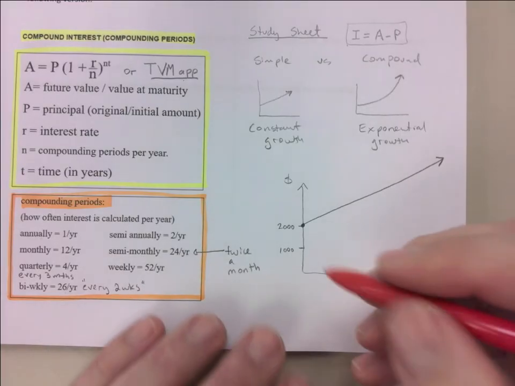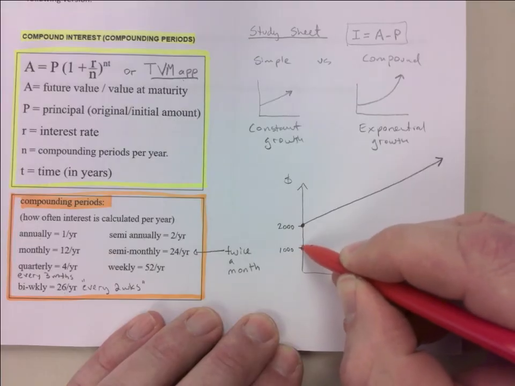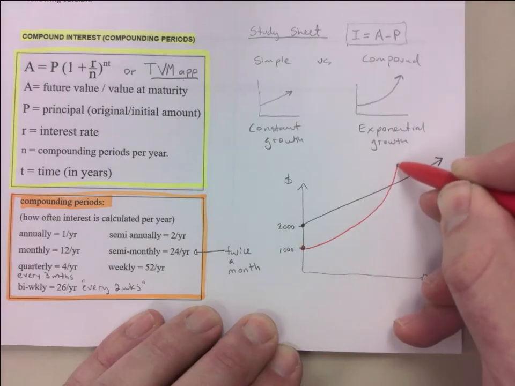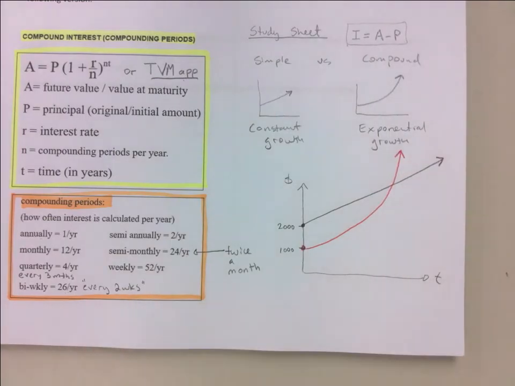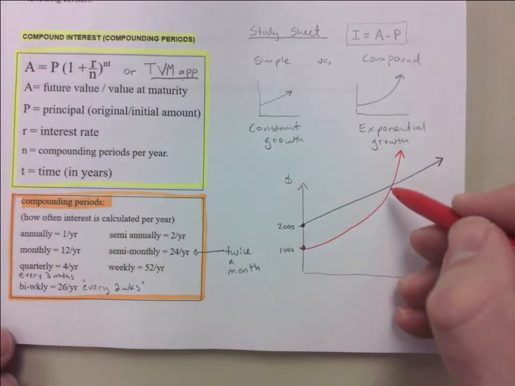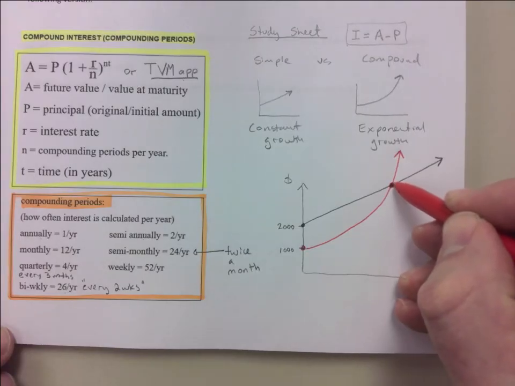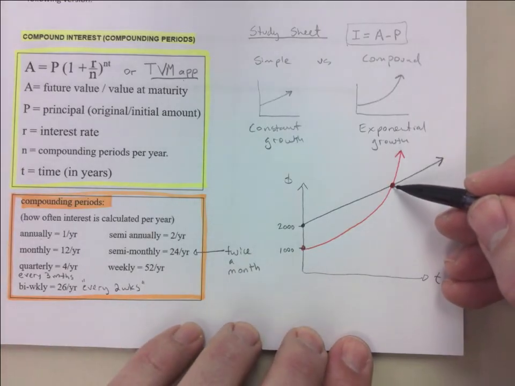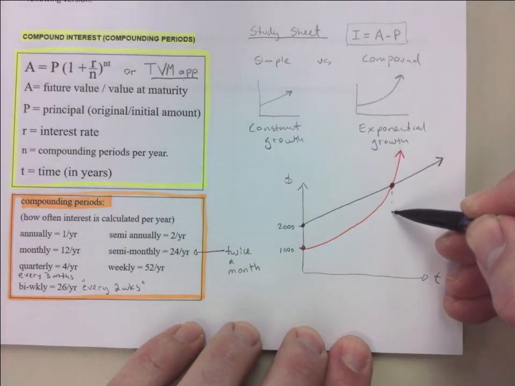And let's say another person deposits $1,000, and it grows, and all of a sudden it surpasses the simple interest. There's a point where you have to decide which one is better. And it all would come down to that intersection.